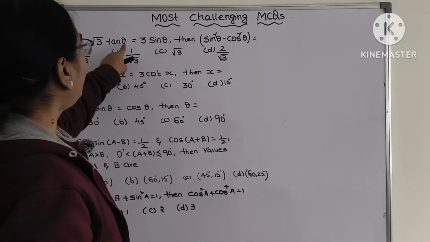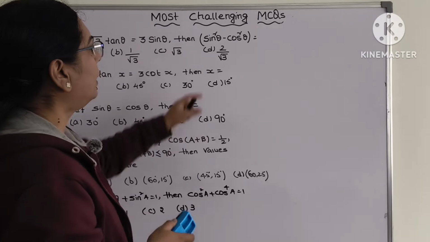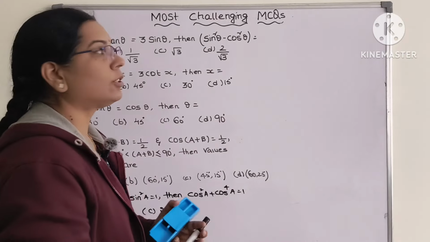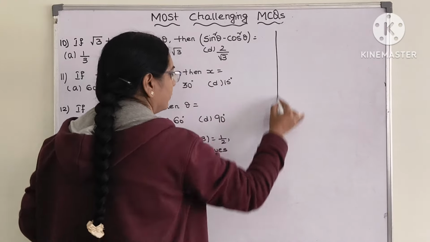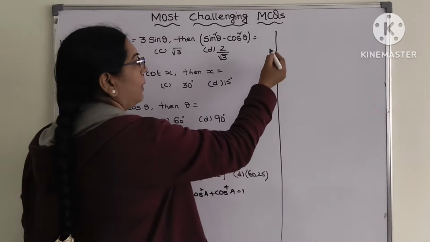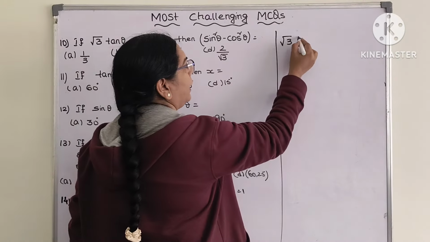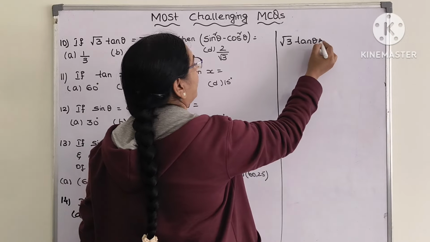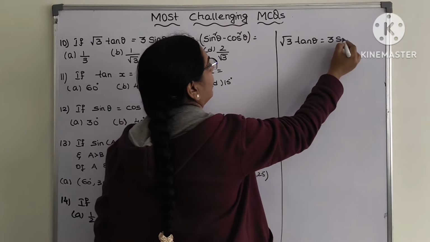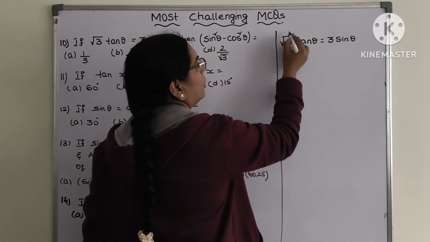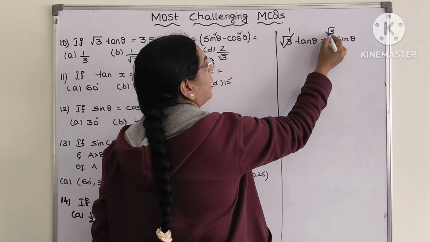If root 3 tan theta is 3 sin theta, we have to find sin square theta minus cos square theta. Root 3 tan theta is equal to 3 sin theta. Root 3 once, root 3 times.